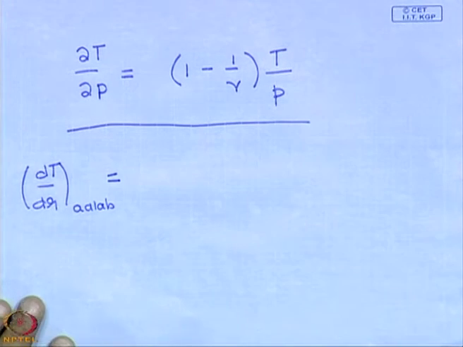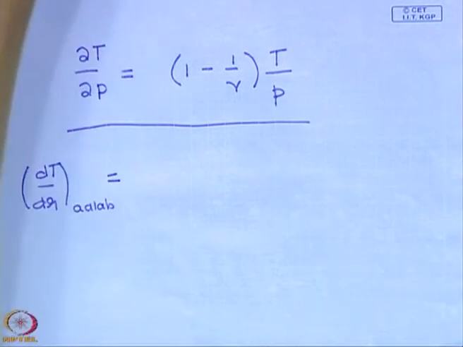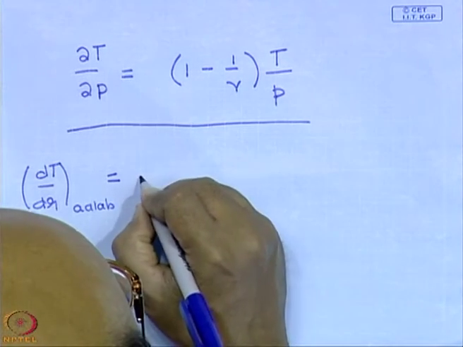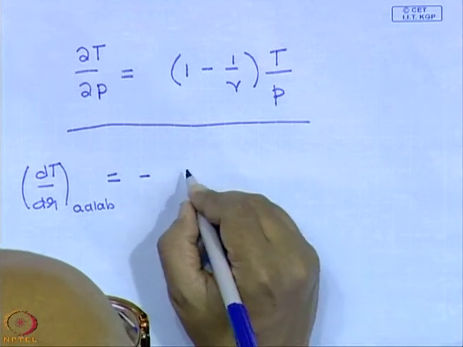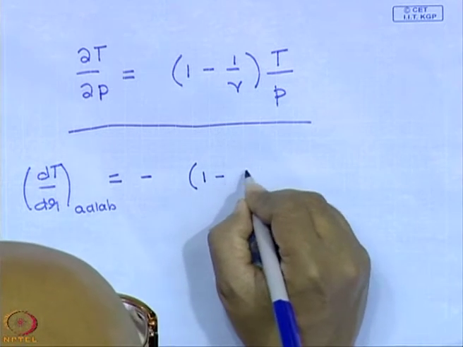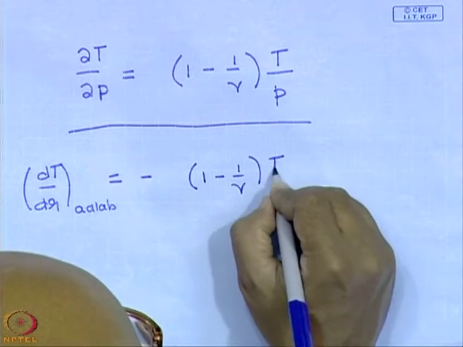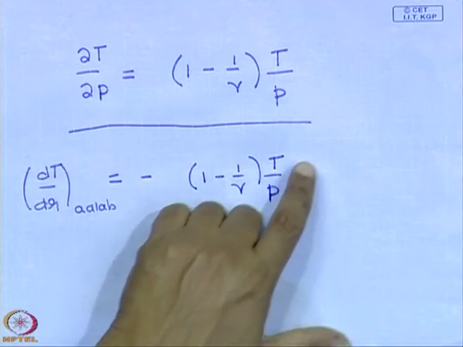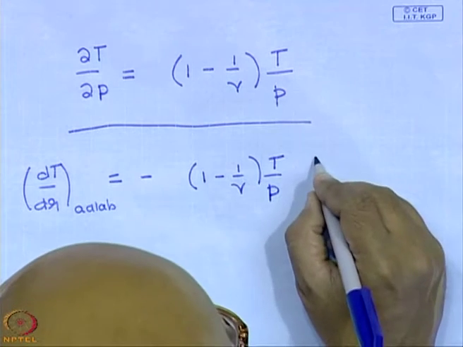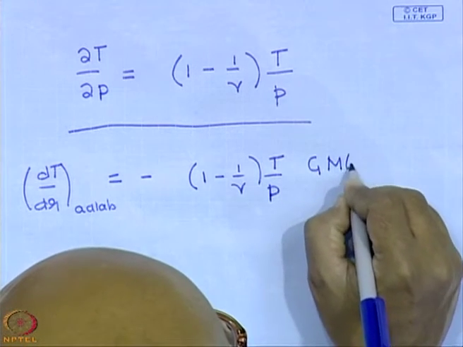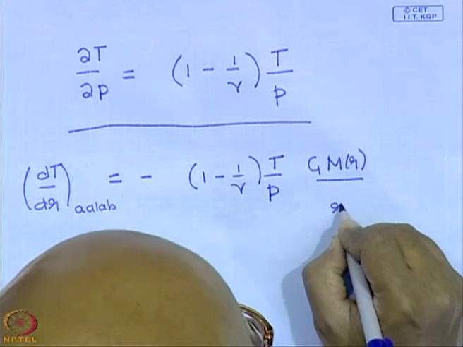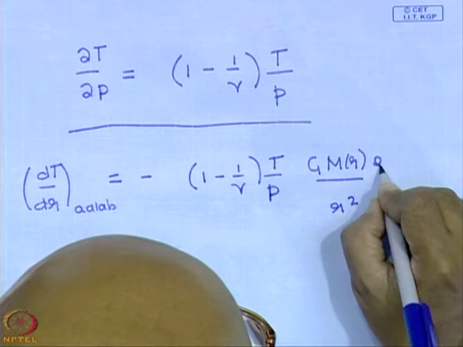So, this is now equal to, so we have, 1 minus 1 by gamma T by P. So, this is del T del P, and then we have del P del r, which is minus G M r by r square into rho.